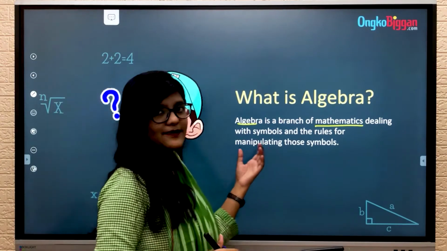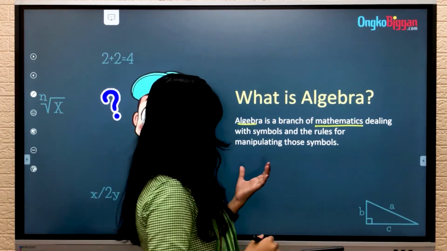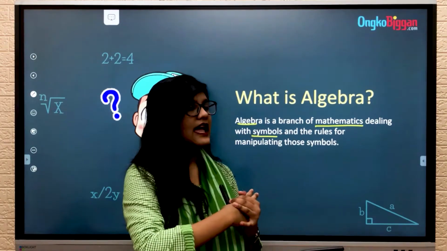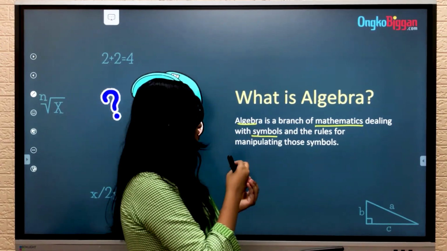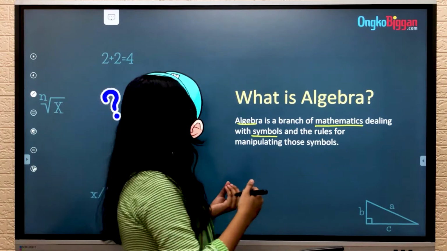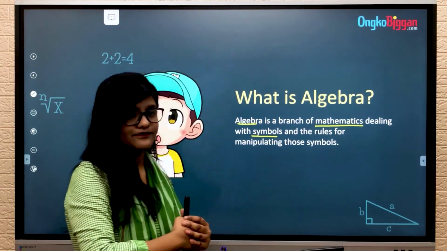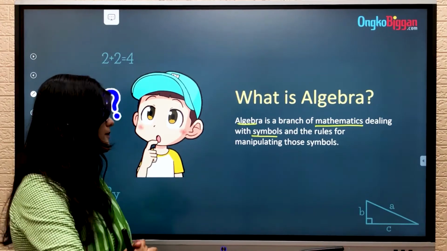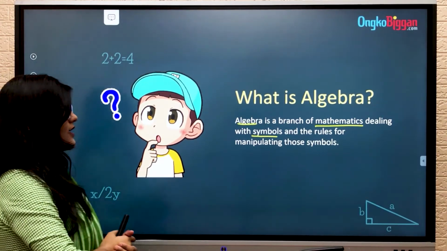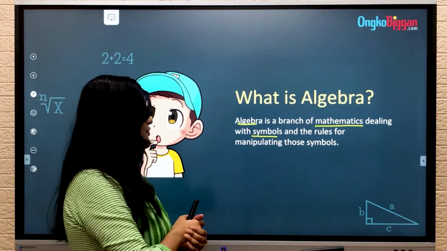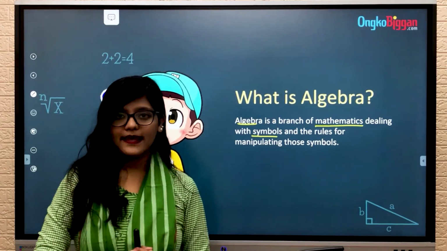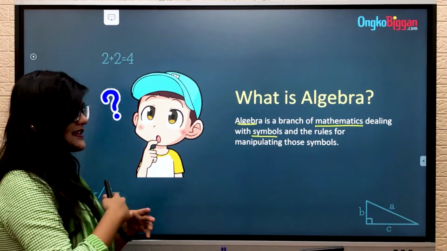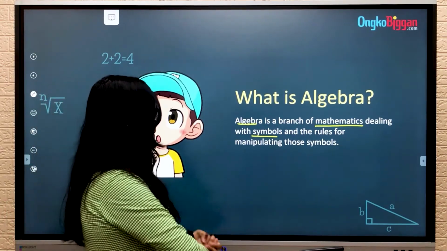That means algebra is a branch of mathematics that deals with symbols, and we can see rules for how these symbols are expressed, and different types of formulas are formed regarding those symbols. We will see how those formulas are formed and how to apply them in our practical life as well as in mathematical problems.